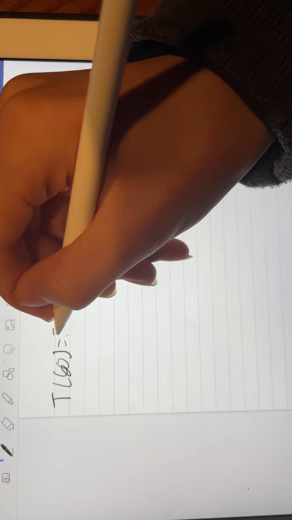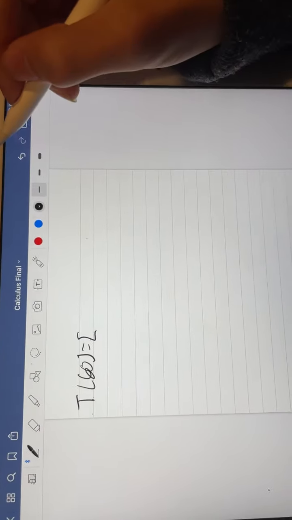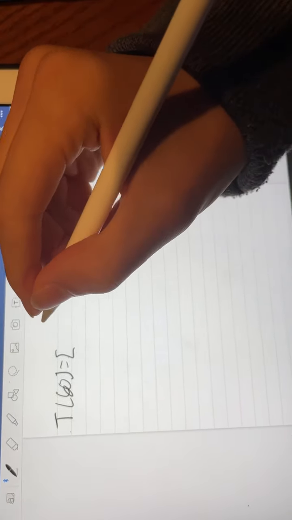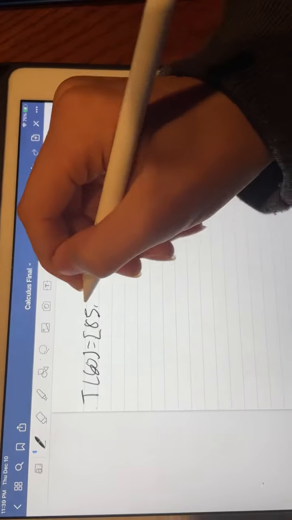You guys get the point of it, so I'm just going to plug in the numbers. Again, I'm just plugging in the height values. So for the plug in, we already know that T40 is 85.91.